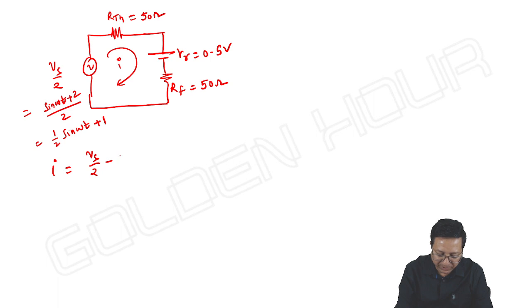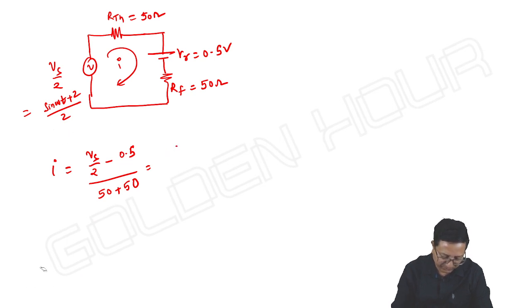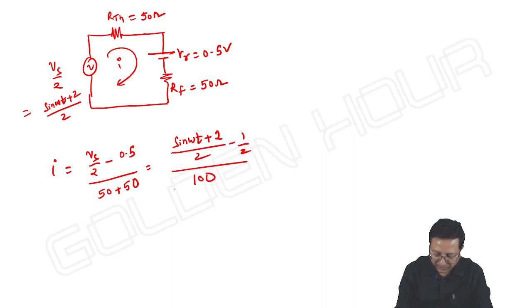Vs by 2 minus V gamma, that is 0.5, by RTH 50 ohms plus RF 50. It is 1 by 2 sine omega t, or I can write here sine omega t plus 2 by 2 minus 1 by 2, by 100.